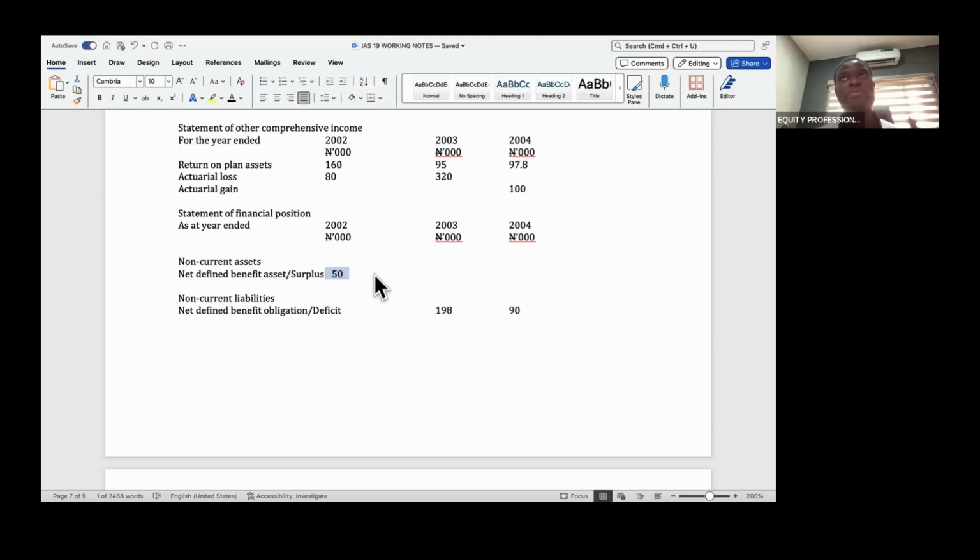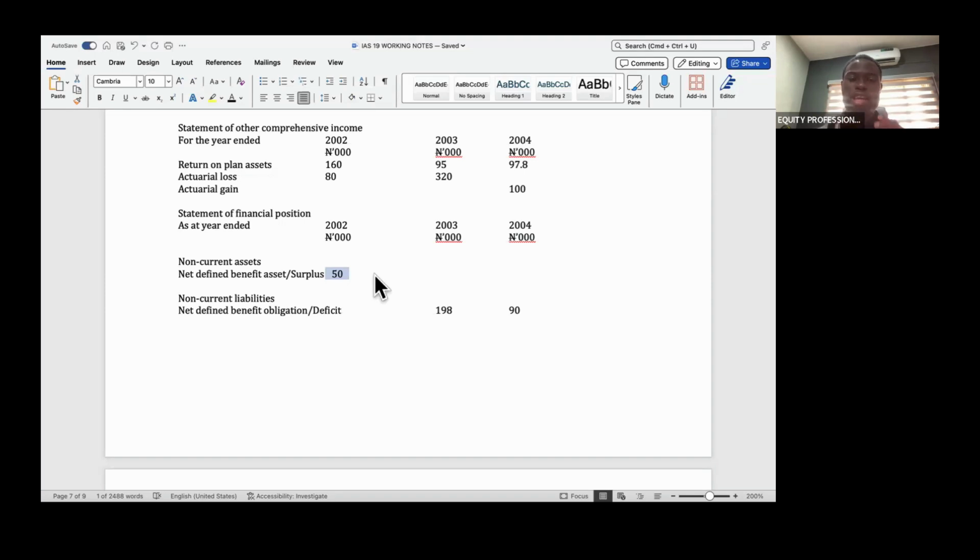Either you get a refund, because for your plan asset to be higher than obligation, it probably means you have contributed a lot of money into that plan, that it is now higher than your obligation. So either you're expecting a refund or there will be a reduction in future contributions. They can tell you that in the future, instead of contributing so much as you are contributing now, the actuary might say maybe you should reduce it by a certain amount. I mean, those are savings.